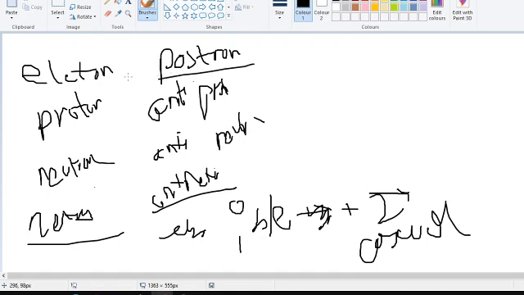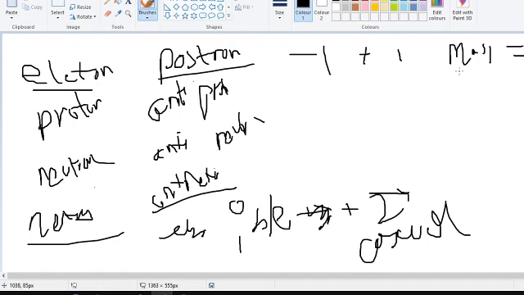Electron, positron. Electrons obviously have a charge of -1. This is in layman's terms, so GCSE, not the minus 1.6 times 10 to the minus 19. So if the electron has a charge of -1, the positron has a charge of +1. Their masses are equal, and that is literally it.